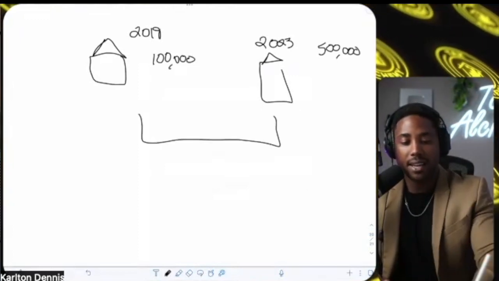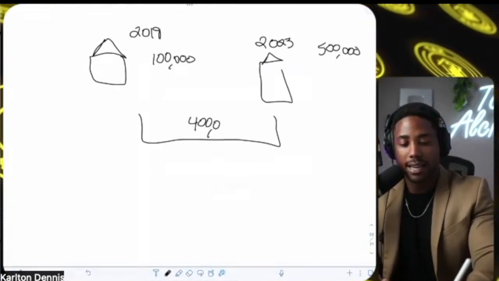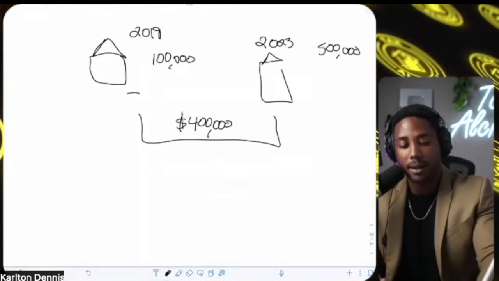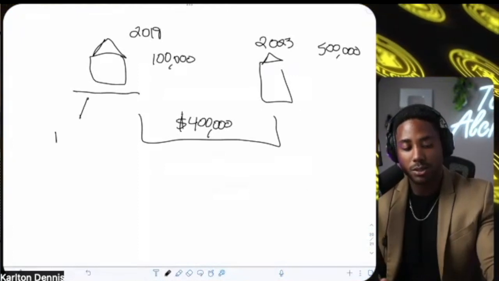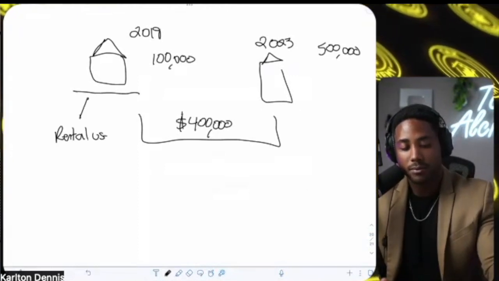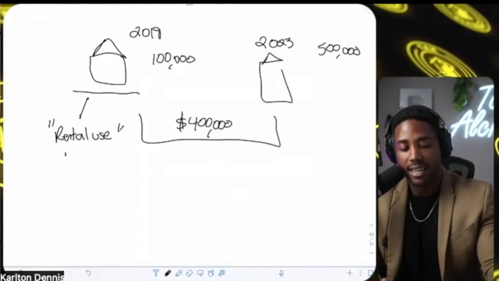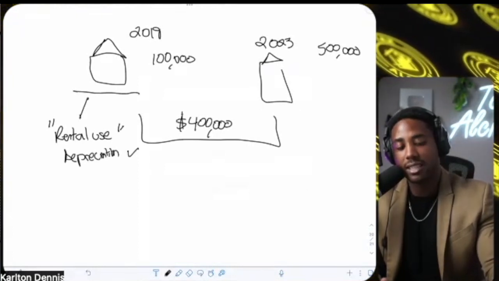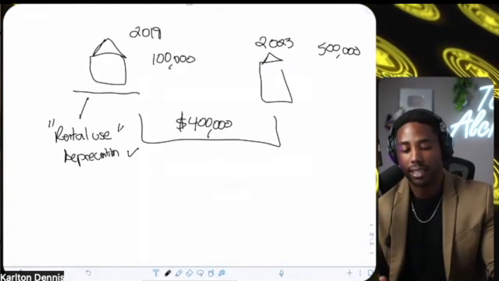So we have a $400,000 spread, right? But if I place this property into rental use, as the IRS would say, then I'm able to claim depreciation. And as soon as I claim depreciation on the property, that's my write-off.